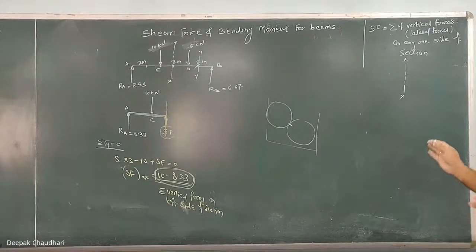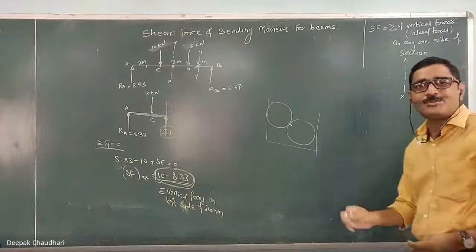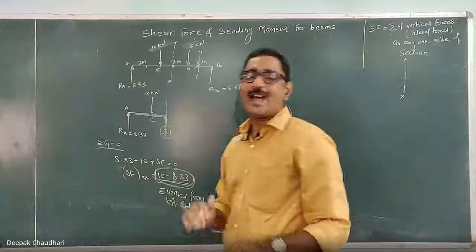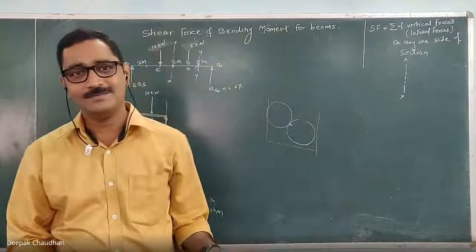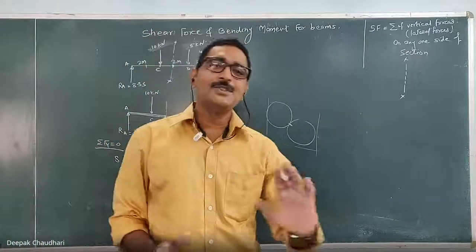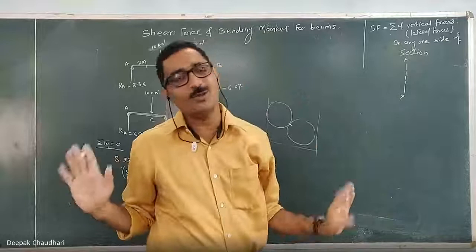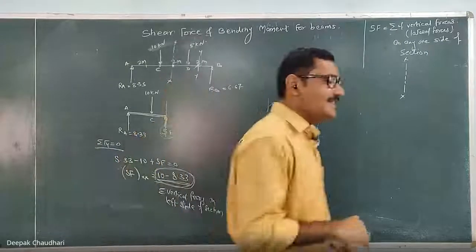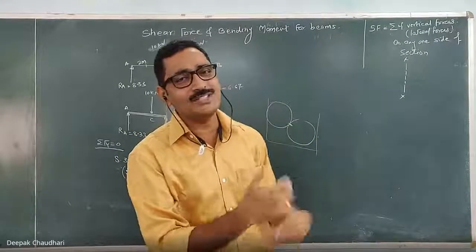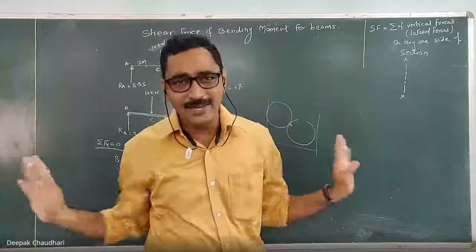It is not hard and fast that you must use exactly this one; you can take it the opposite way also. Understood? Clear? But I personally suggest going for this sign convention only. In some of the books you may get the opposite sign convention also. That doesn't make any difference.